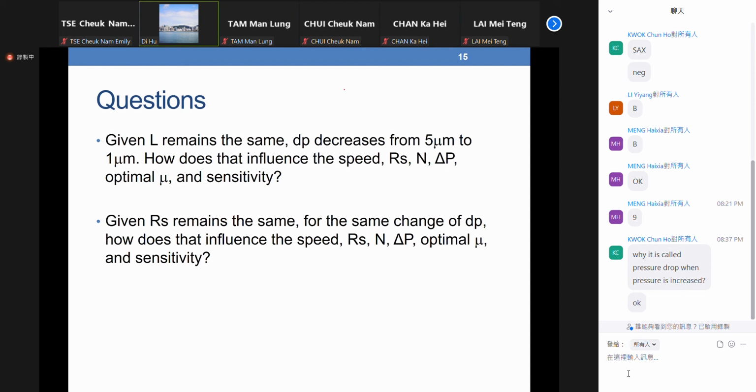The second one: given that resolution remains the same, and for the same change of dp, from 5 micrometer to 1 micrometer, how does that influence the speed, resolution, efficiency, pressure drop, optimal flow rate, and sensitivity?